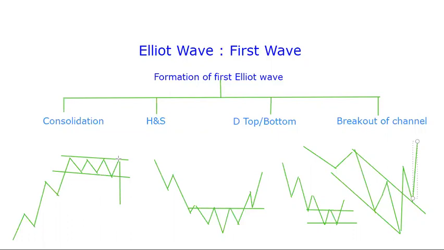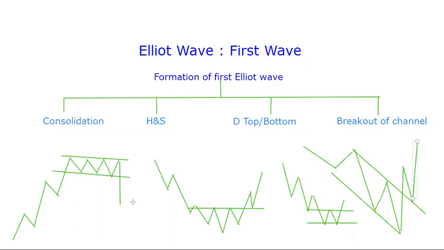If there is strong buying activity, there will be some downside or some consolidation zone before it, and that activity will mark the first wave for the complete Elliott wave cycle, right?